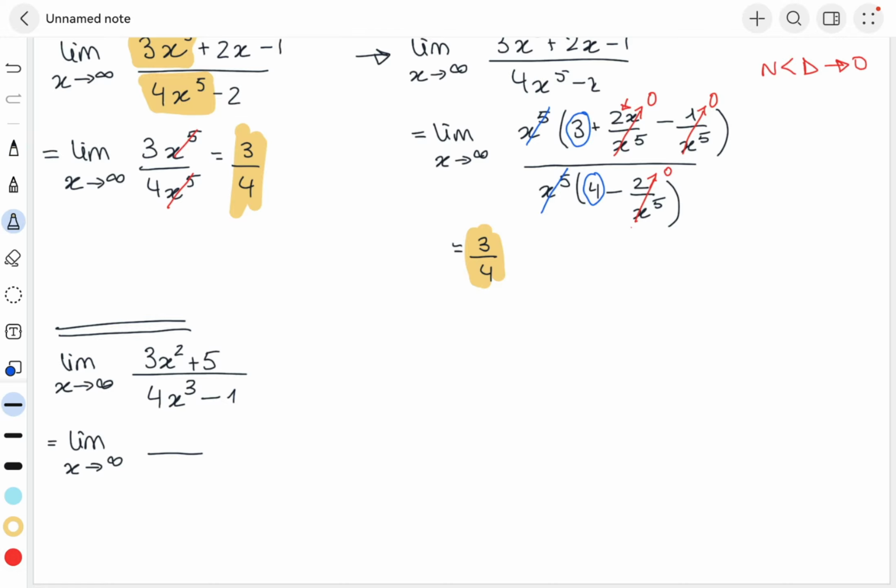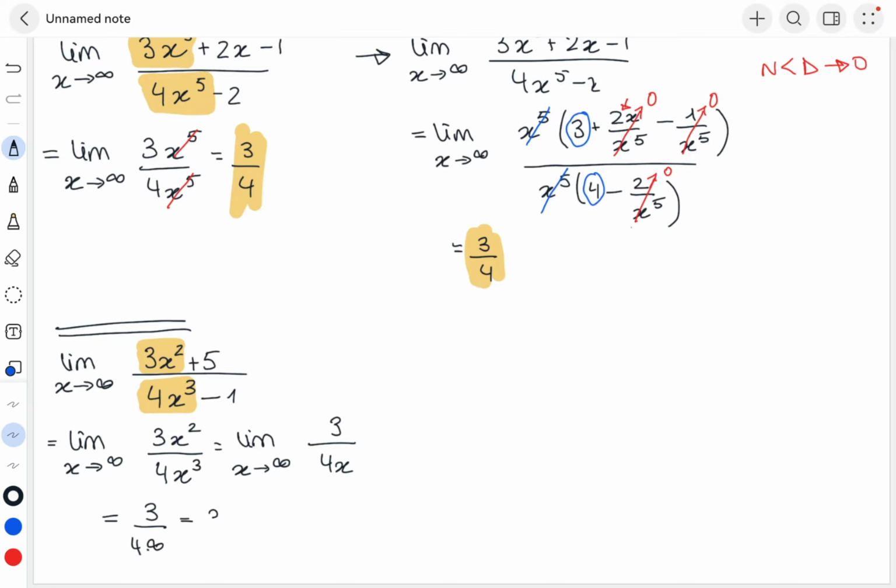So the highest power in the numerator is 3x squared, and the highest power in the denominator is 4x cubed. So we'll have 3x squared over 4x cubed. If we simplify that, x squared over x cubed will give us x in the denominator. So we'll have 3 over 4x. Replacing now infinity instead of x, we'll have 3 over 4 times infinity, which is 3 over infinity, and any number over infinity will give us 0.